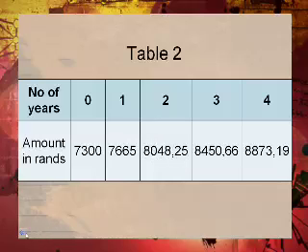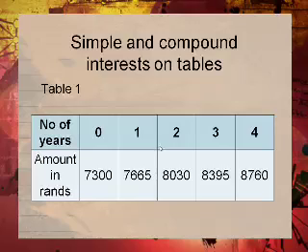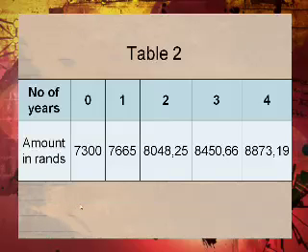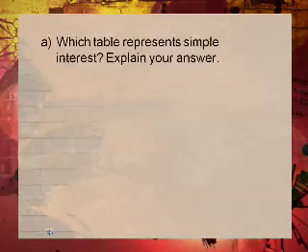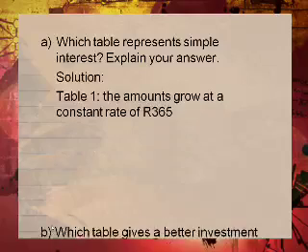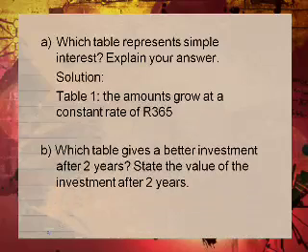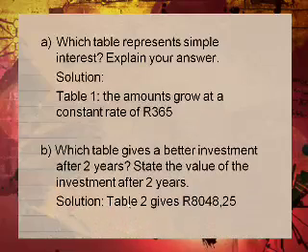And then I go back to table 1. After 2 years is 8,030 rands. This one is 8,048. Obviously, table 2 gives the better investment. I said table 2 gives 8048.25.